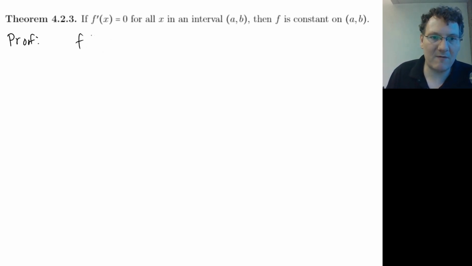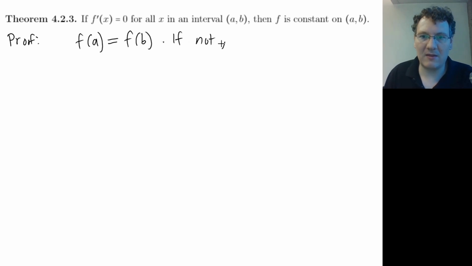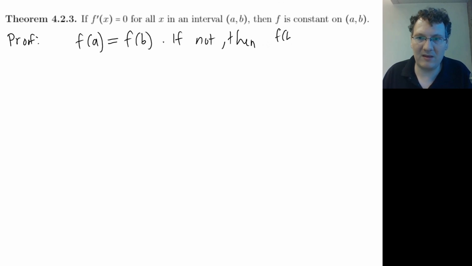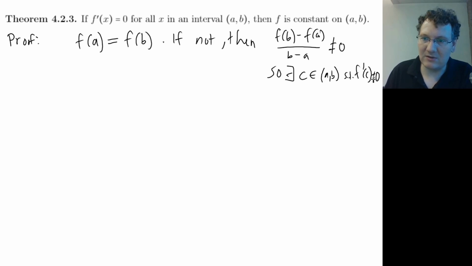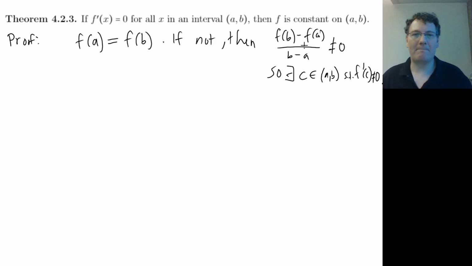We know that f of a has to be the same as f of b, because if not, then f of b minus f of a over b minus a is not equal to 0, so there exists some c in the interval a to b such that f prime of c is not equal to 0, right? But we know that the derivative is equal to 0 for all values in this interval, so this cannot be.